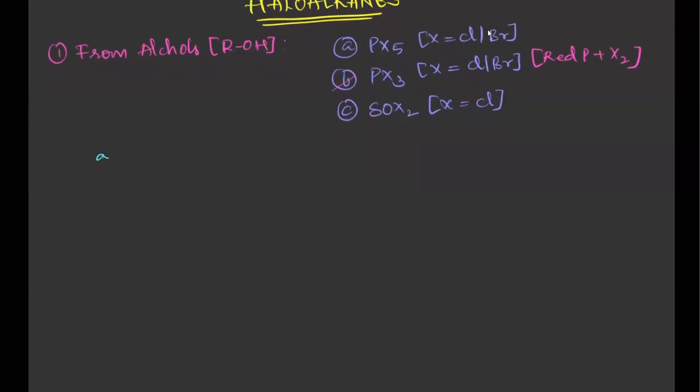So first one being PX5. Let's take an arbitrary reaction like ROH plus PX5 would give us, of course, RX, that's the major product that we're expecting, plus HX plus POX3. A simpler way to remember this reaction would be writing it in the following way.